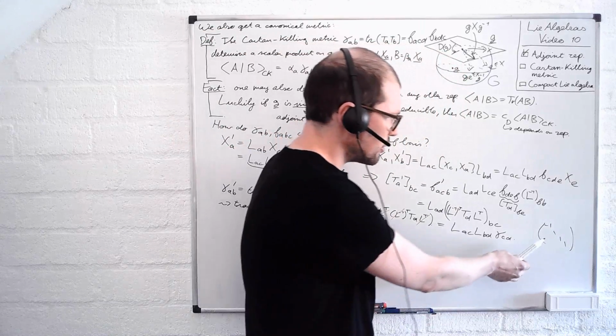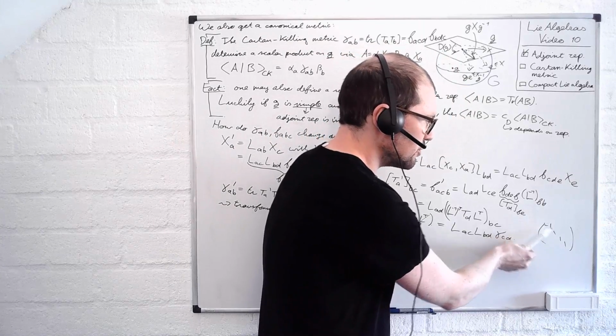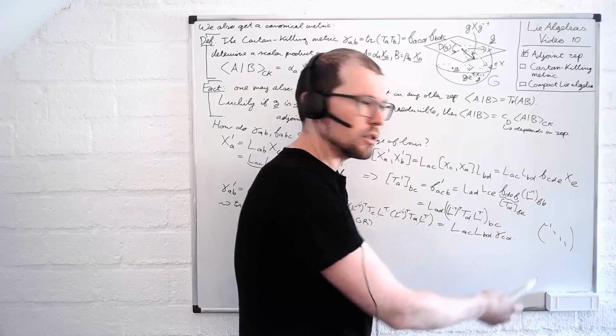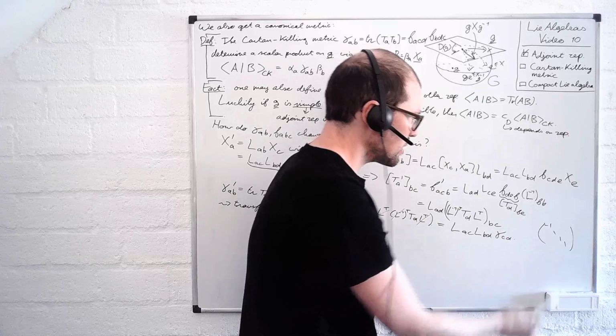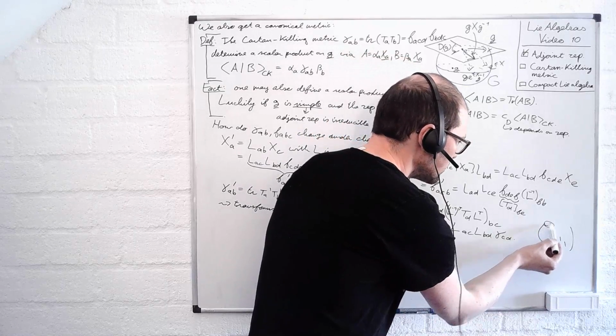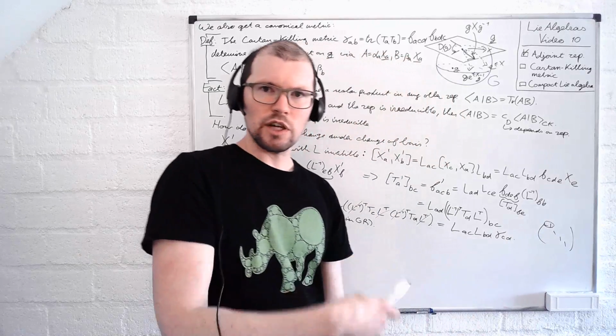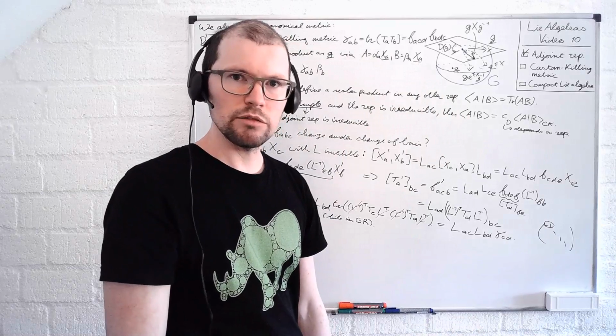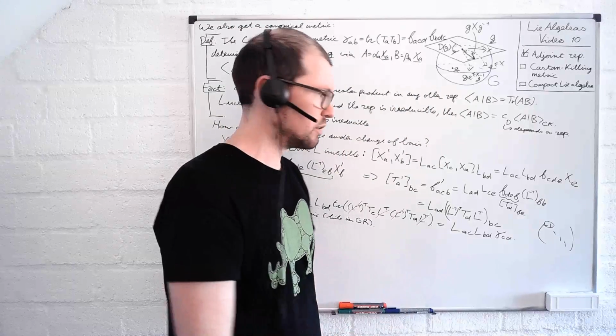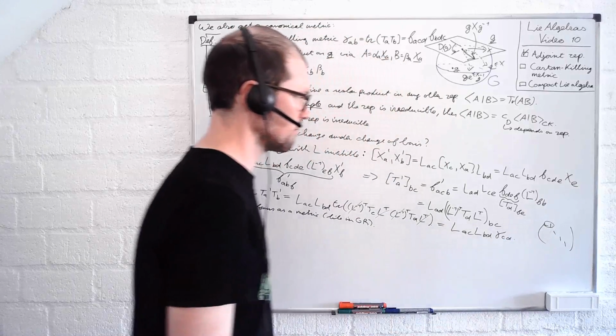You cannot change coordinates such that you just have ones on the diagonal or minus ones, because this minus one tells you something about the time direction in your space-time being special. It comes with a different sign.